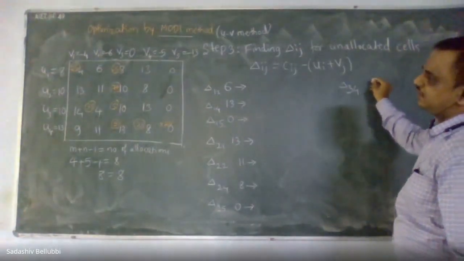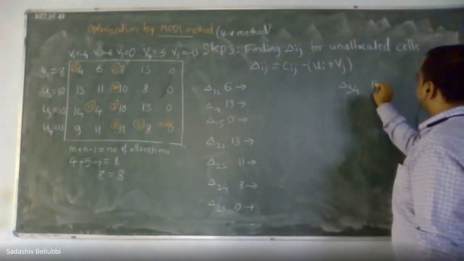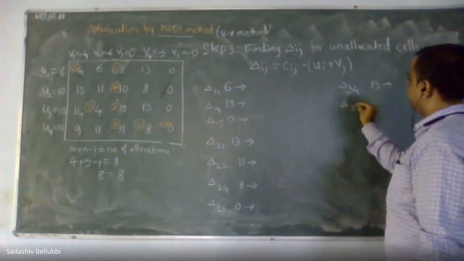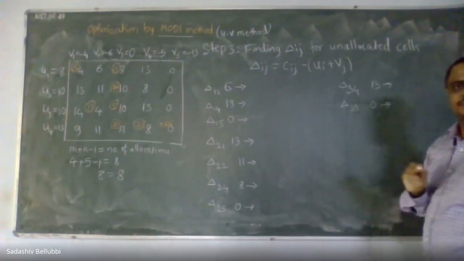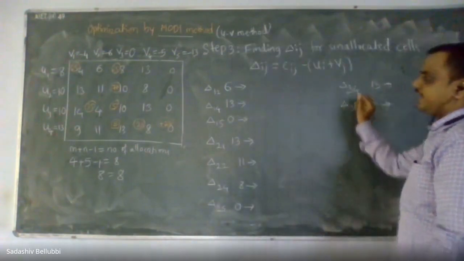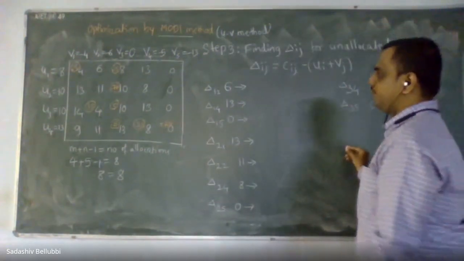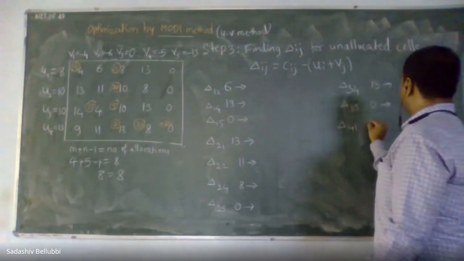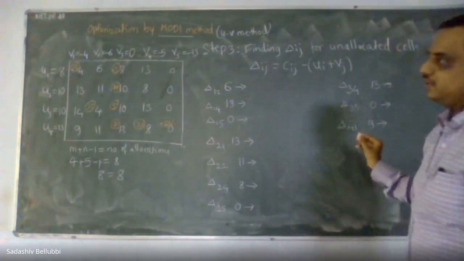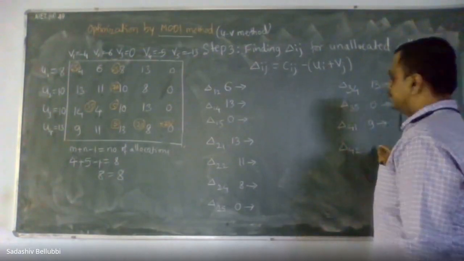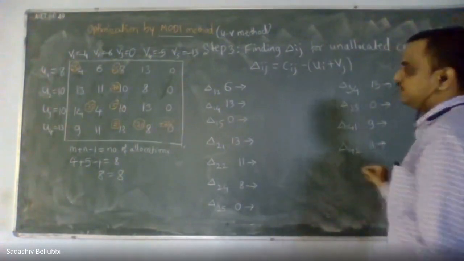Okay, delta 3,4. What is that? That is 13. Next one again, delta 3,5. It is 0. Visible. Okay, next one, delta 4,1 is 9. Delta 4,2 is 11.